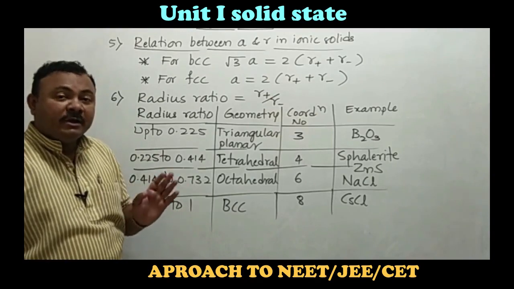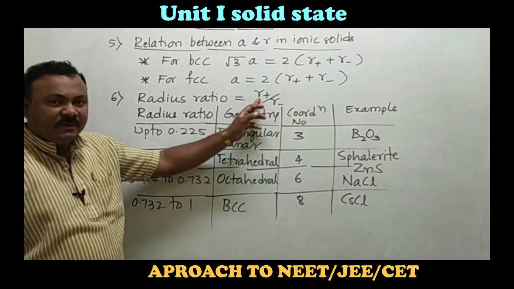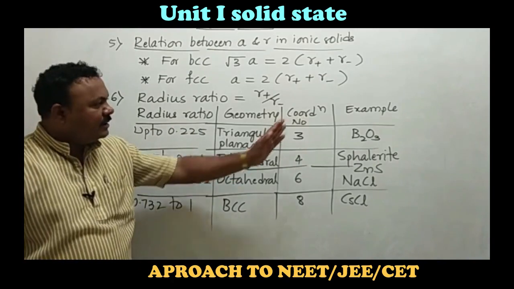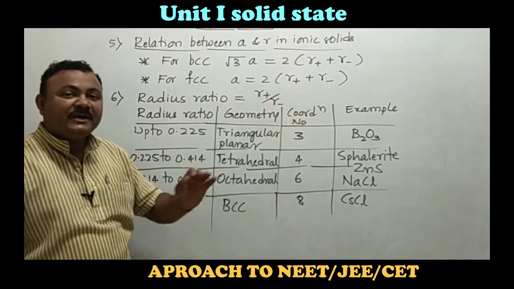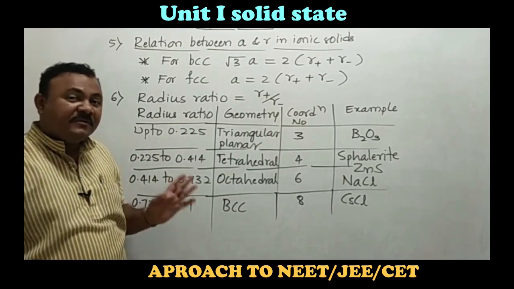What conclusion we can give from this? As the radius of cation goes on increasing, radius ratio increases, with that coordination number as well as the stability of the ionic solid goes on increasing. So this is the fifth one.